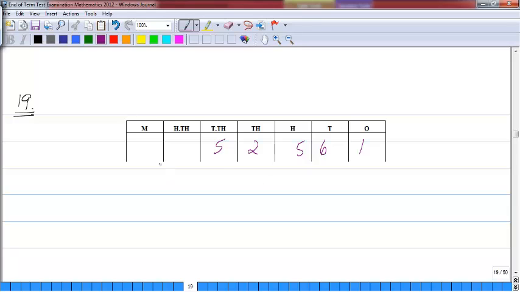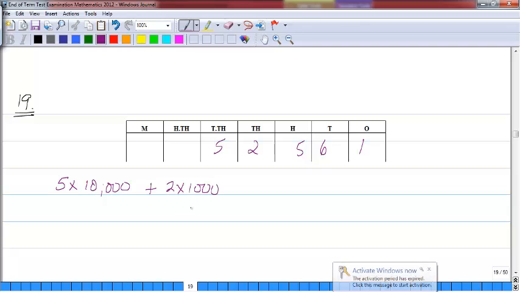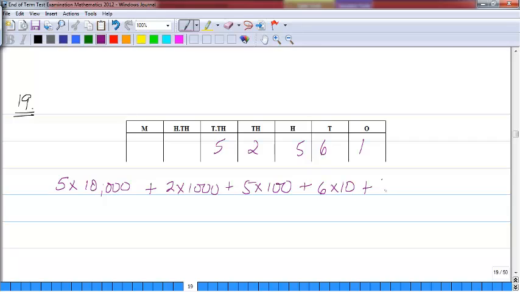52,561. So writing this out, it would be 5 times what? 10,000. Okay, and this would give us 50,000, right? Plus 2 times 1,000, being the 2,000, plus 5 times 100, plus 6 times 10, plus 1 times 1.